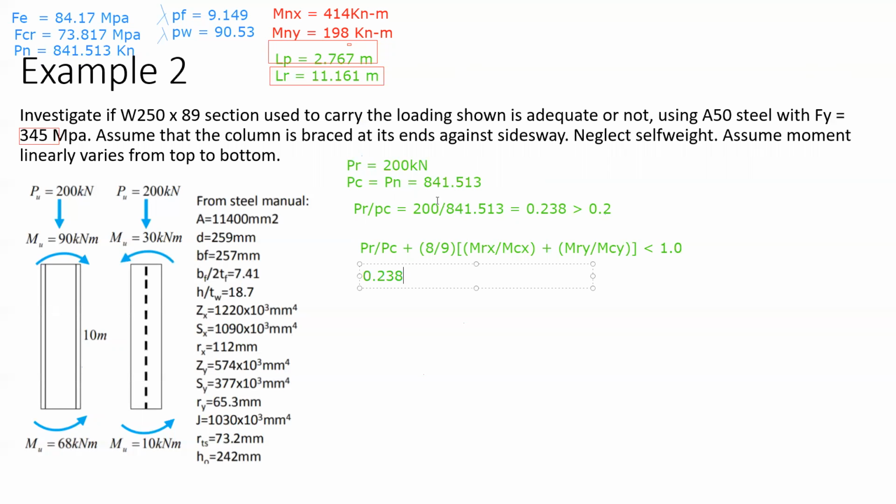Wait. This PC of ours is... we forgot the multiplier. It should be 0.9 PN.